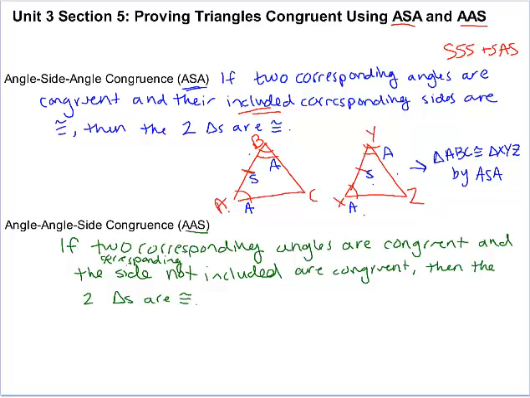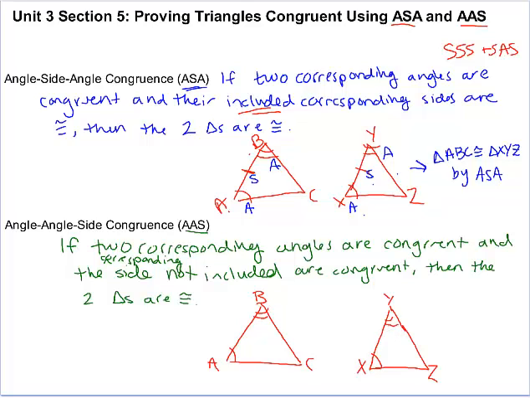For this one, we can draw out our two triangles, ABC and XYZ. Let's make two of the corresponding angles congruent. Let's make A and X congruent and B and Y congruent. It just has to be a not included side that's corresponding.